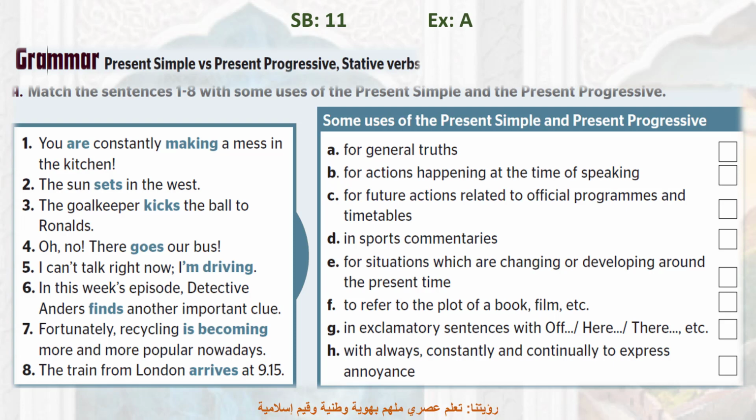All you need to do is to match the sentences with the correct uses. But actually, I have prepared a video for you to watch that will help you revise both tenses. Watch it and then do the exercise.